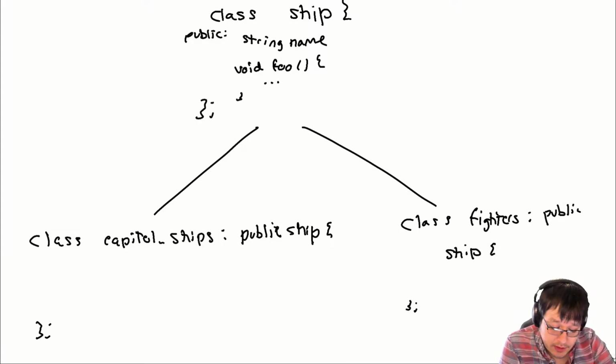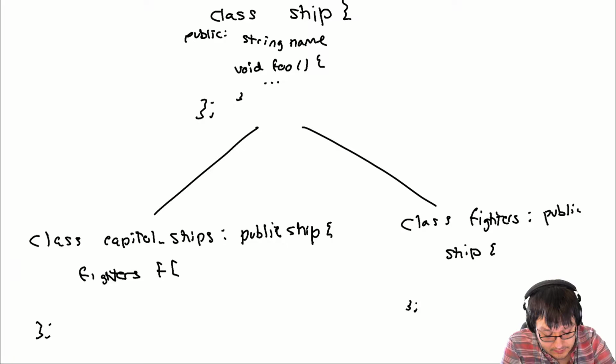In addition to that, the capital ship maybe has fighters that it can carry. So you could have something like fighters, 10 of them or something. Of course, we could do this dynamically.